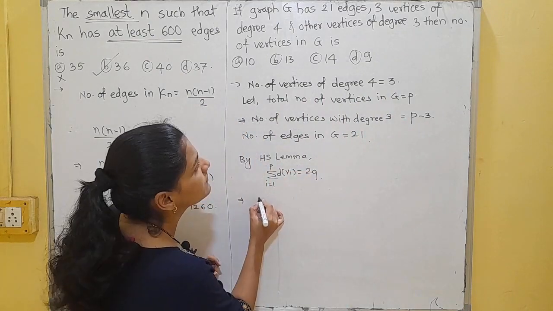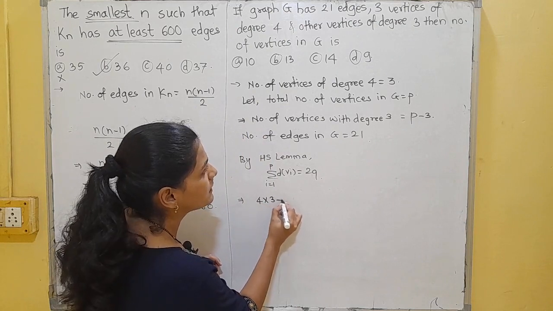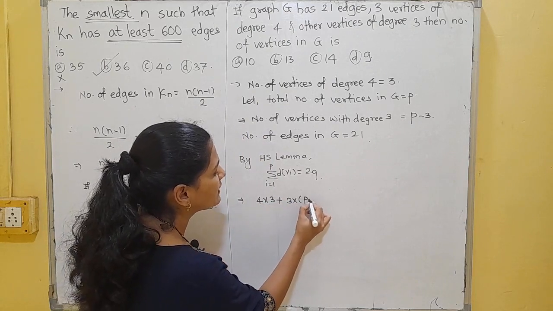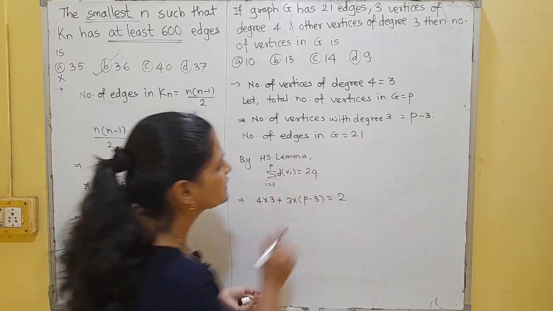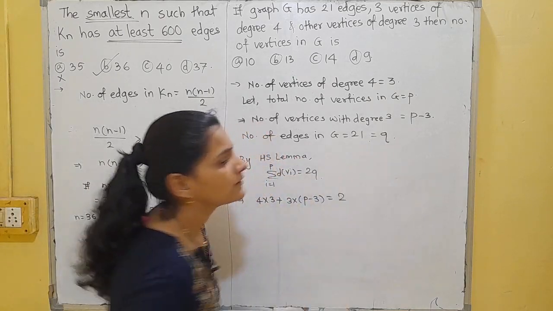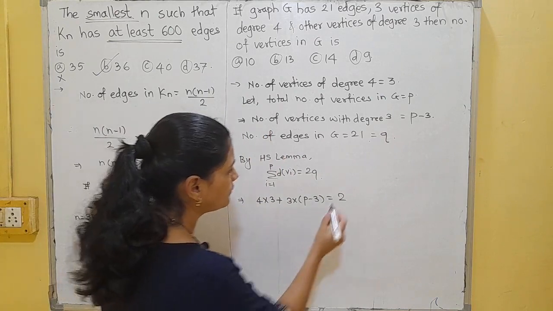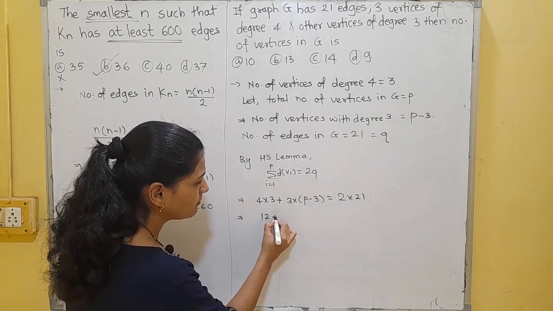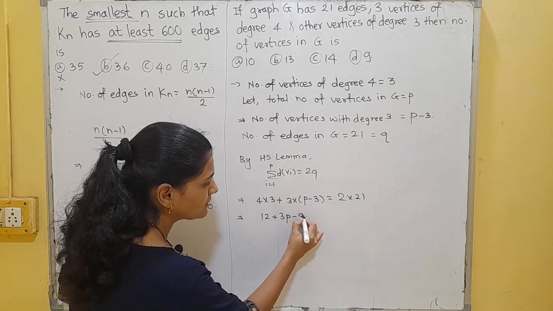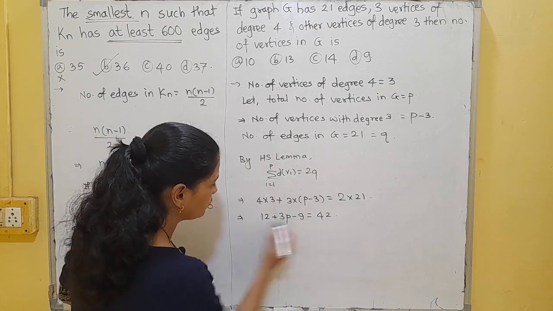So 4 into 3 plus 3 into P minus 3 is equal to 2 into Q. Q is the number of edges in graph G, so 2Q is 2 into 21. So 4 into 3, 12 plus 3P minus 9 is equal to 42.